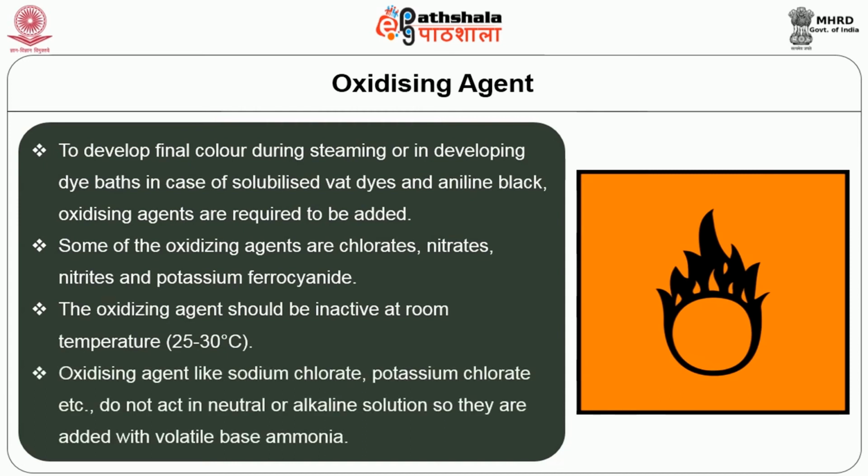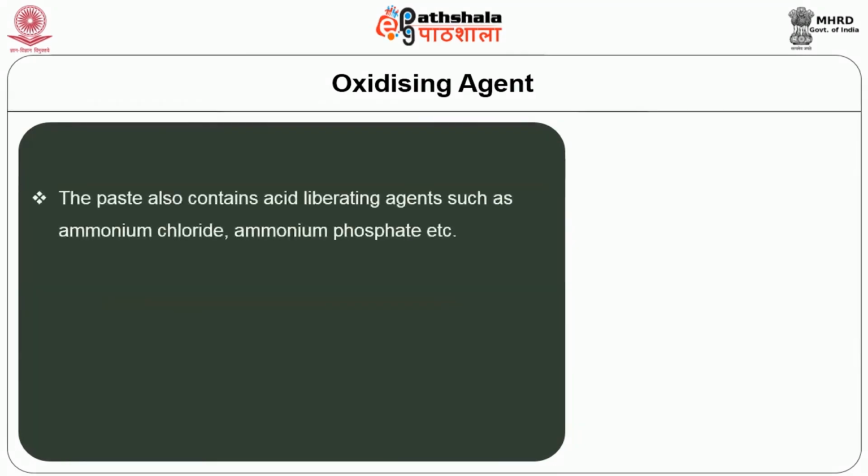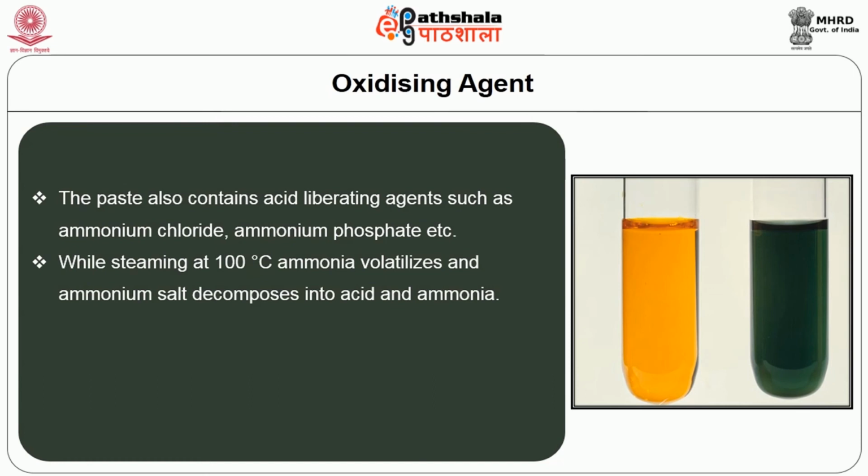Oxidizing agents like sodium chlorate, potassium chlorate, etc. do not act in neutral or alkaline solution, so they are added with volatile base ammonia. The paste also contains acid liberating agents such as ammonium chloride, ammonium phosphate, etc. While steaming at 100 degrees centigrade, ammonia volatilizes and ammonium salt decomposes into acid and ammonia.